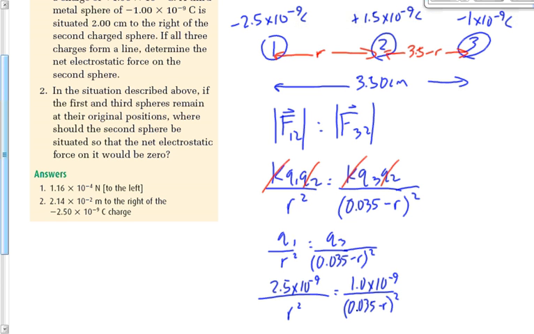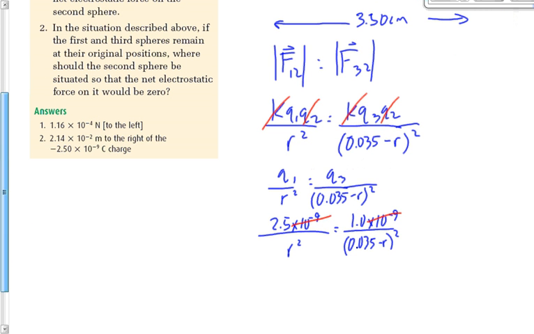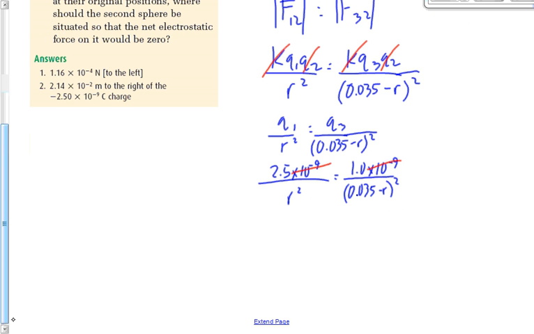We can actually cancel out the 10 to the minus 9. We don't have to do that, but it's a little bit easier plugging it into our calculator if we don't have these exponents. So now it's actually looking not so bad. We got 2.5 over r squared equals 1.0 over (0.035 minus r) squared.